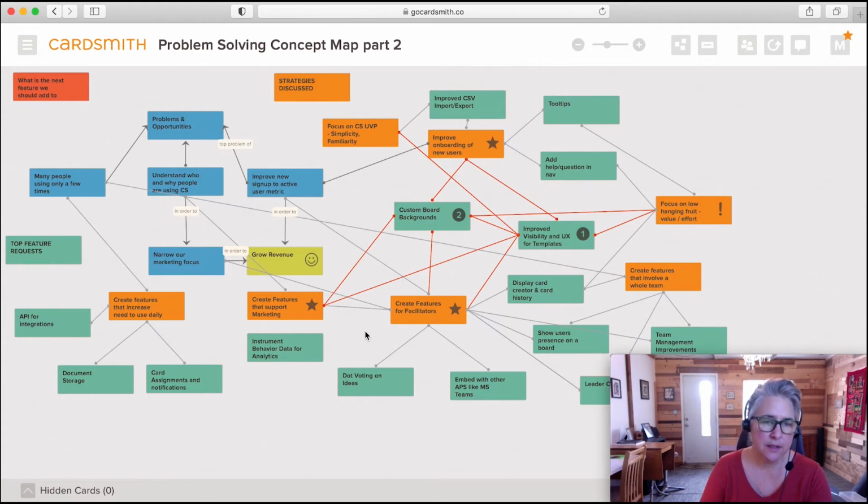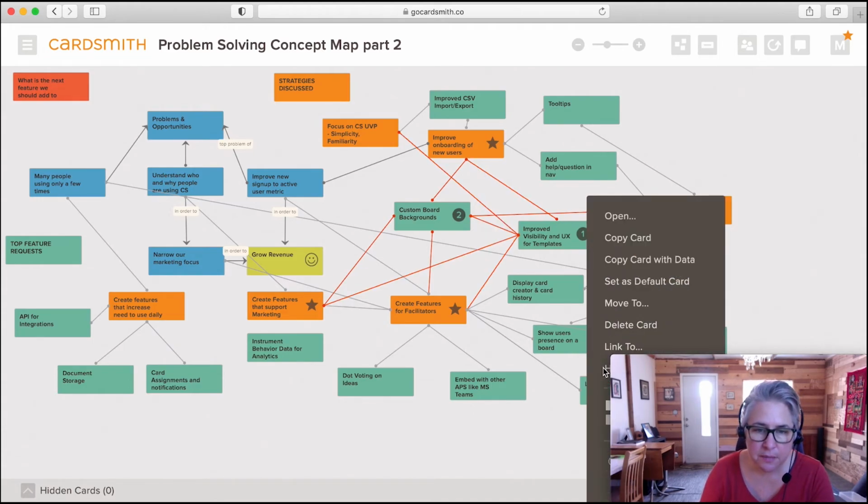So these are the things that we did, and we as a group decided which of the features would support which particular strategy, and then it became clear through this map that there were a couple of low-hanging fruit ideas that were also going to help us meet our other strategies, which would lead to improved capabilities in marketing, for example, or improved onboarding capabilities for new users.